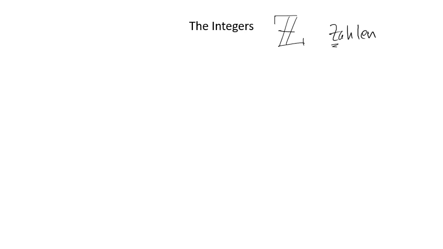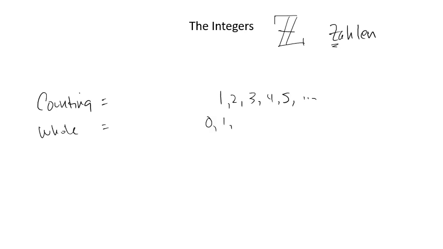So let's put this in context of the other number sets that we've looked at. So we had our counting numbers. And so my counting numbers were 1, 2, 3, 4, 5, so on and so on. And you'll notice this gap here. There's a reason for that. Then we also introduced our whole numbers, which were 0, 1, 2, 3, and so on and so on.